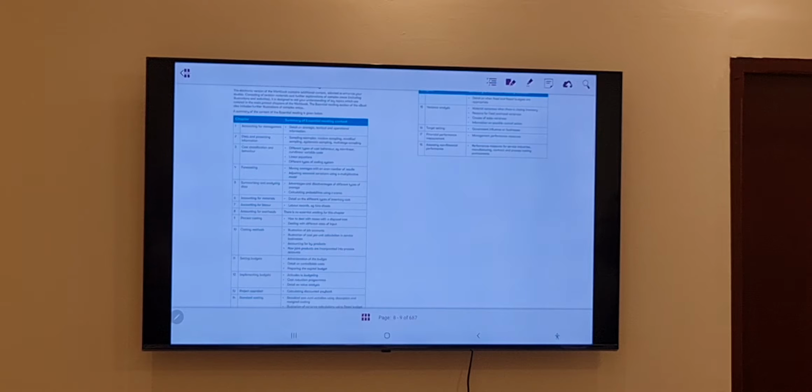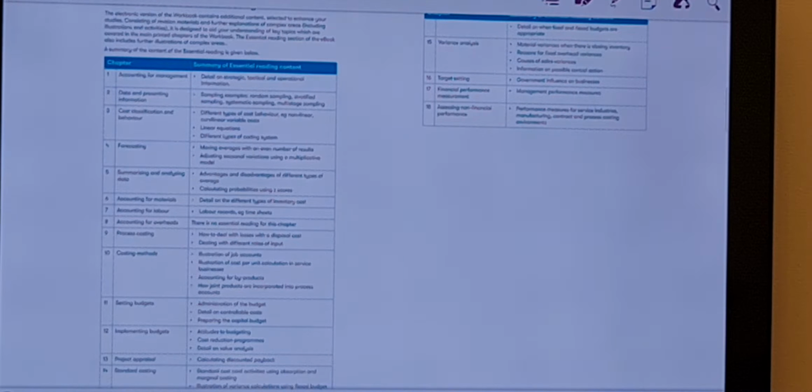data and presenting information, cost classification and behavior, forecasting techniques, summarizing and analyzing data, accounting for materials, accounting for labor, accounting for overheads, process costing, costing methods, setting budgets, implementing budgets, project appraisal, standard costing, variance analysis, target setting, financial performance measurement, and assessing non-financial performance.